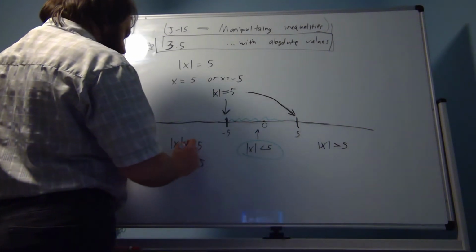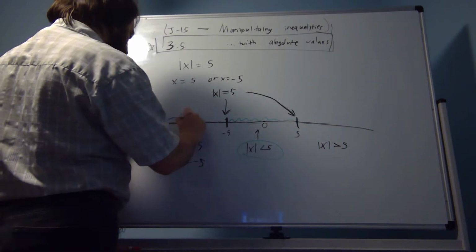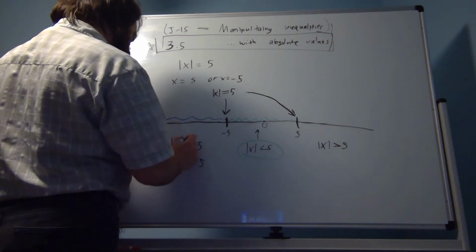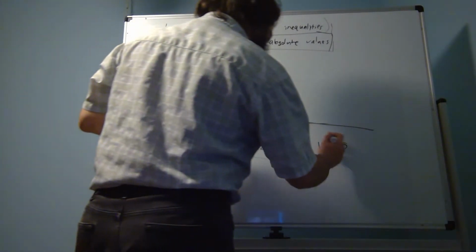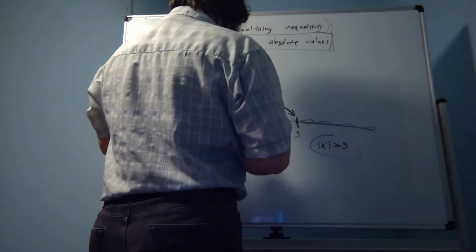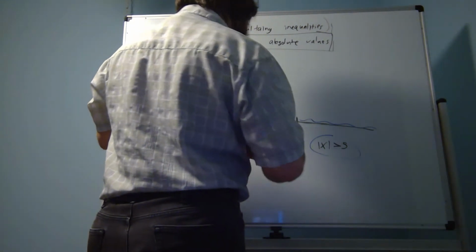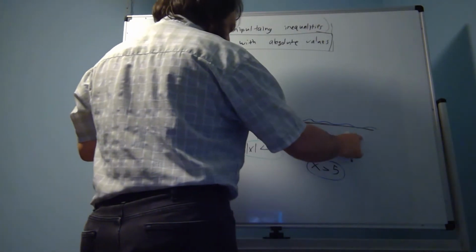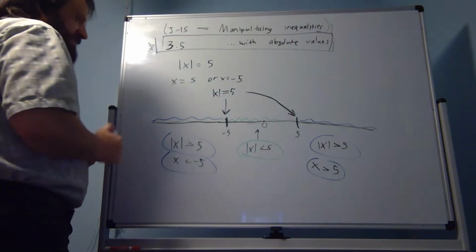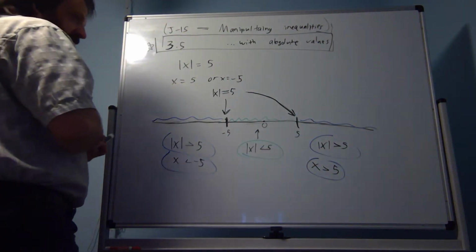So that's what happens. A large negative number, take the absolute value of that, you get a large positive.